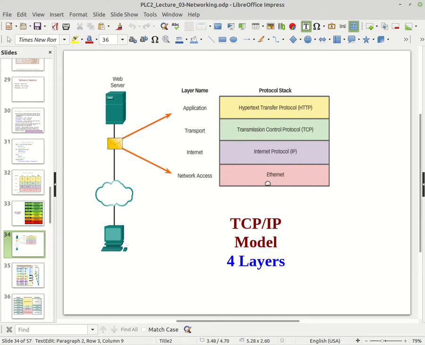The way that works is if you look at the Ethernet card, the wire, the cable that you're going to connect, that's sending those pulses. So this is the hardware layer that's just going to send those pulses out to the switch or to the device that your PLC is connected to. If it's connected directly to the PC through a crossover cable, then it's sending the pulses directly to the PC.